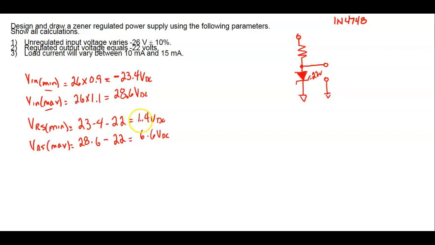Yeah, and of course, voltage drops across the resistor are relative to what you're dealing with, right? You understand? Yes or no? So really, there's no negative and there's no positive as far as voltage drops. So it's going to drop 1.4 volts. That's not negative 22. That's minus.